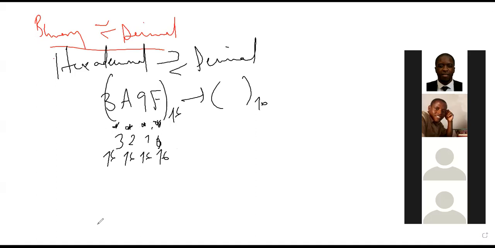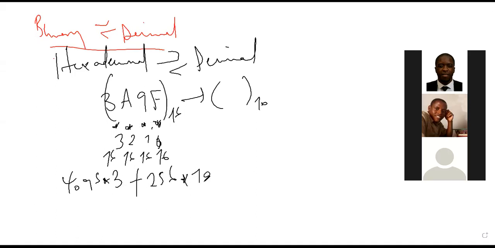So we have 16 to the power of 3, which is 4096, multiplied by 3, plus 16 to the power of 2, which is 256, multiplied by A. A, we said, is 10.